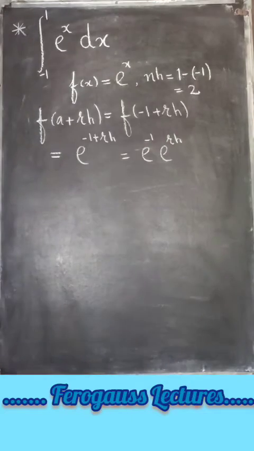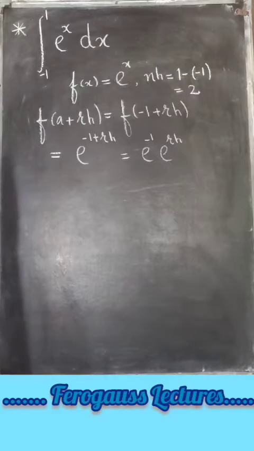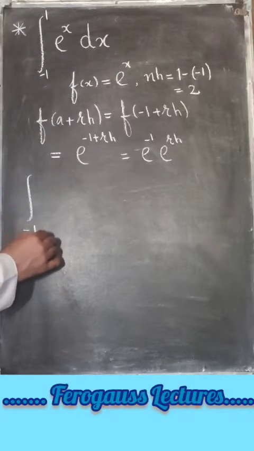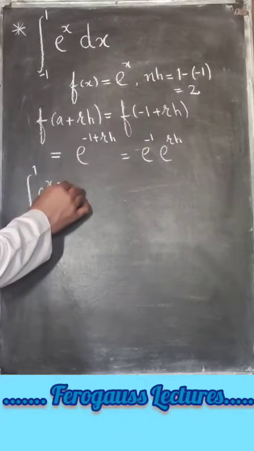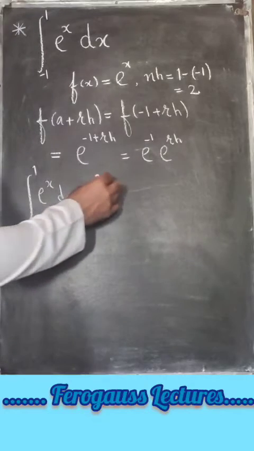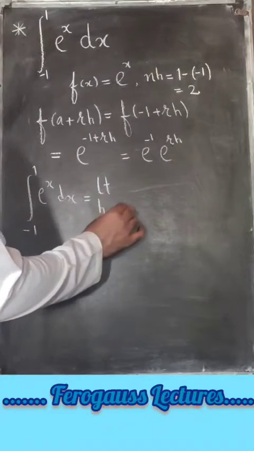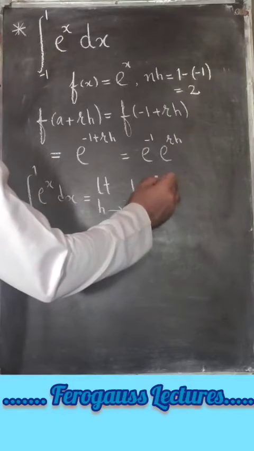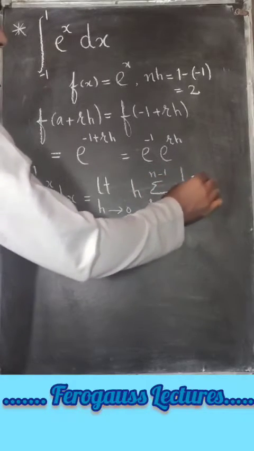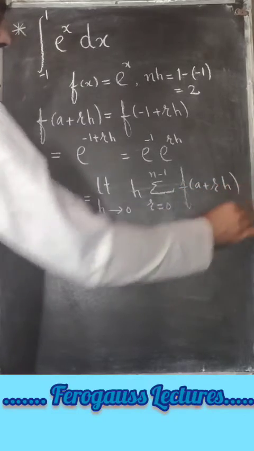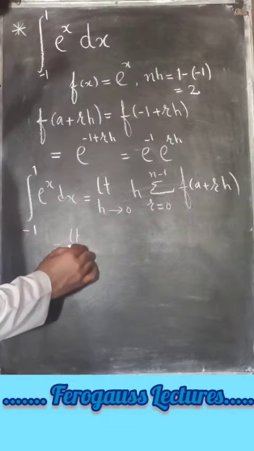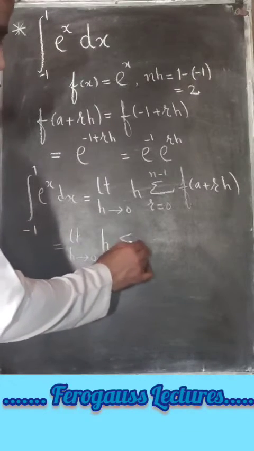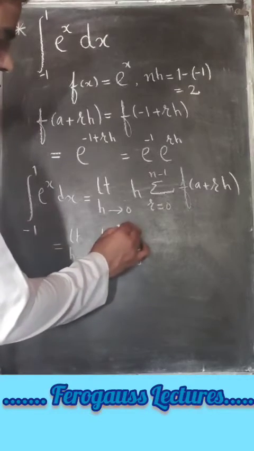Okay? Now, from the definition of definite integrals as the limit of a sum, we have integral from minus 1 to plus 1 of e raised power x dx is equal to limit h tends to 0, h times summation r running from 0 to n minus 1 of f of a plus rh, that is equal to limit h tends to 0, h times summation r running from 0 to n minus 1.